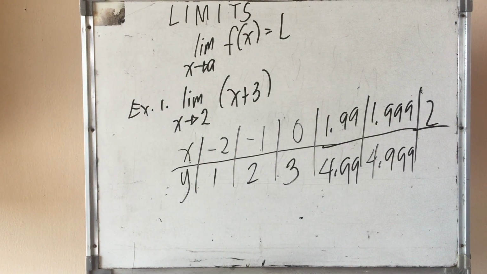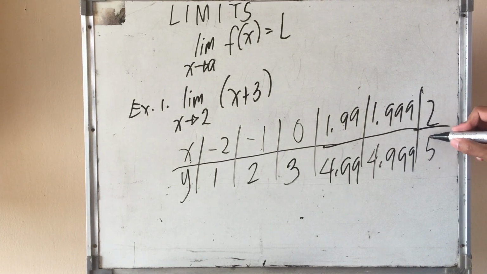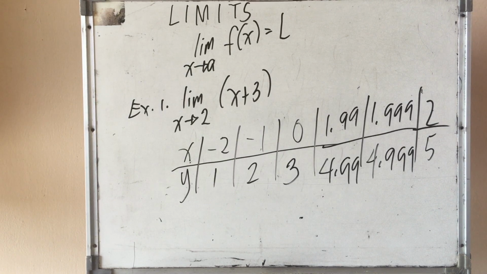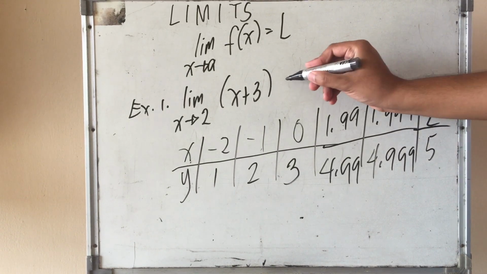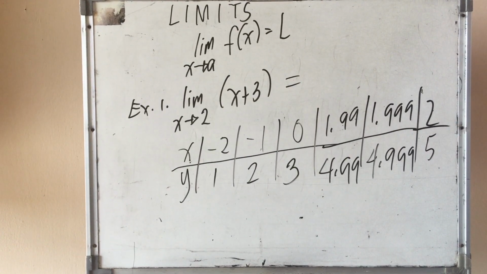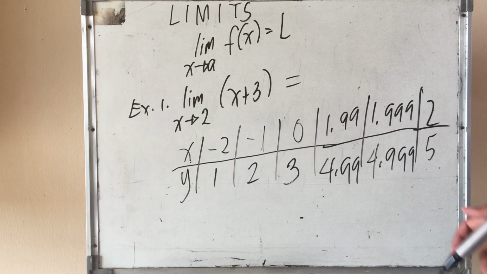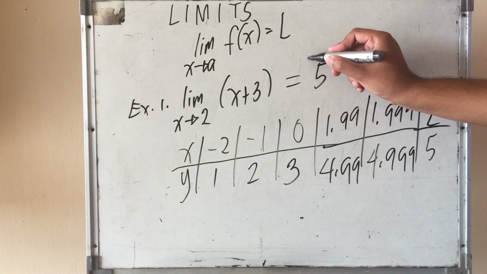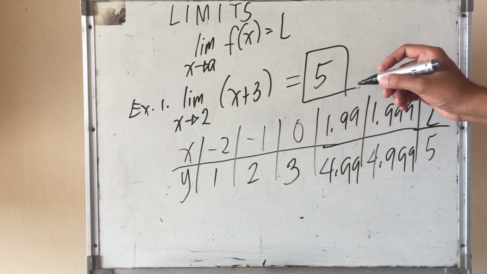Until x approaches 2, wherein 2 plus 3 is equal to 5. So this is only a simple evaluation of limit. So the limit of x plus 3 as x approaches 2 is equal to 5. Answer.